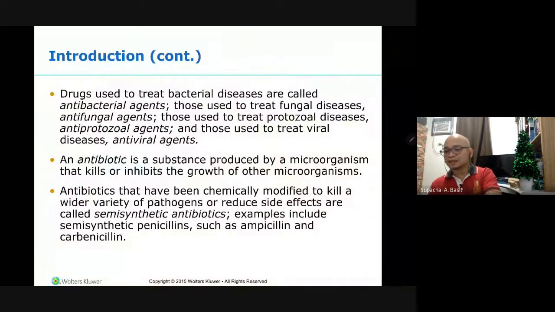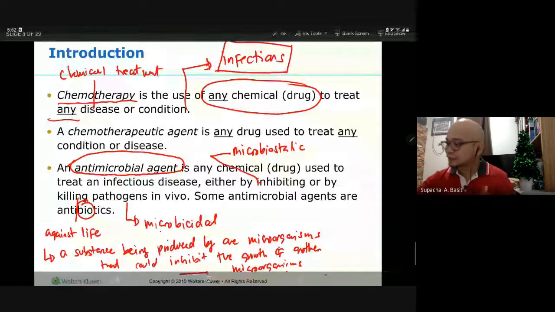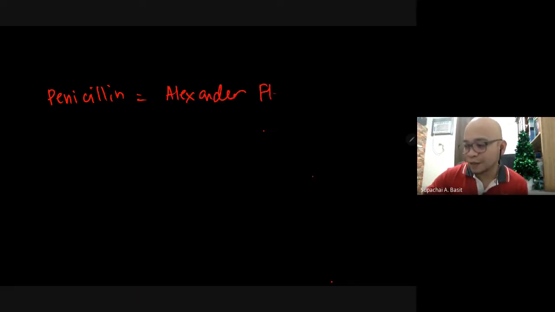Let me tell you a story. The first antibiotic that was discovered was penicillin. It was discovered by Alexander Fleming in 1928. It was just accidentally discovered by Alexander Fleming.